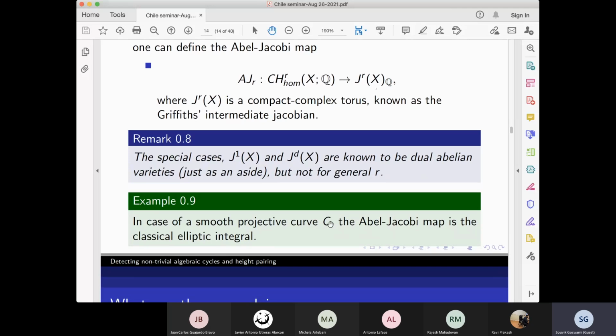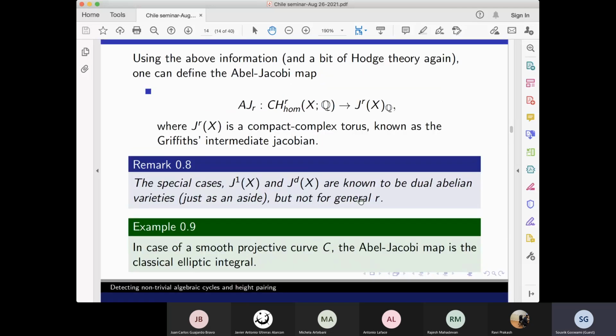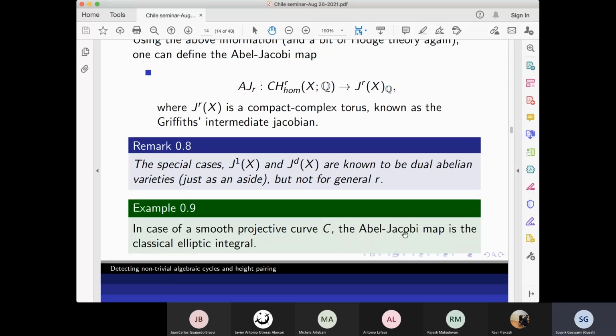That's a cycle which lands here. How does one define the Abel-Jacobi map in this case? Simply take a suitable differential form omega and integrate from P1 to P2. That gives the description of the Abel-Jacobi map, and that's the classical elliptic integral. That's the reason for this name: it's a generalization of the classical elliptic integral.